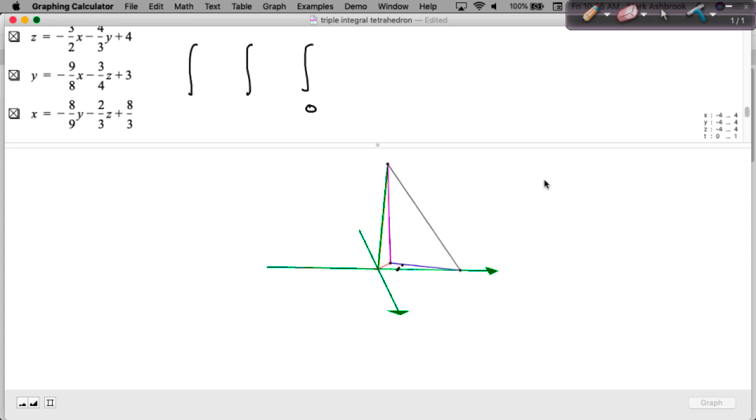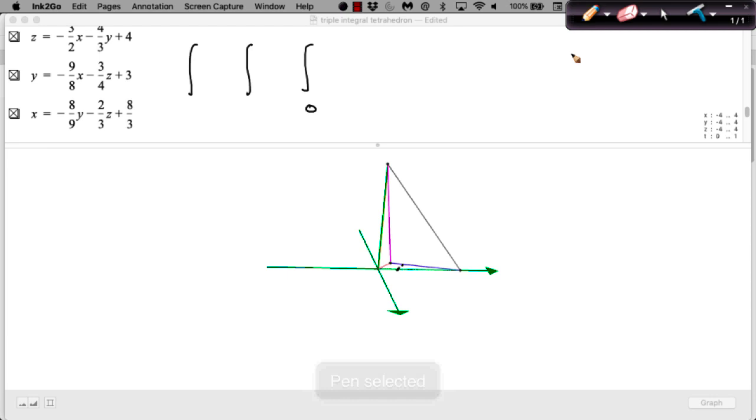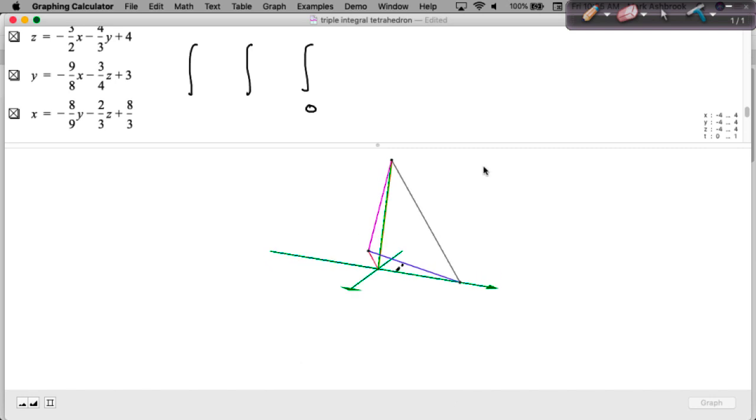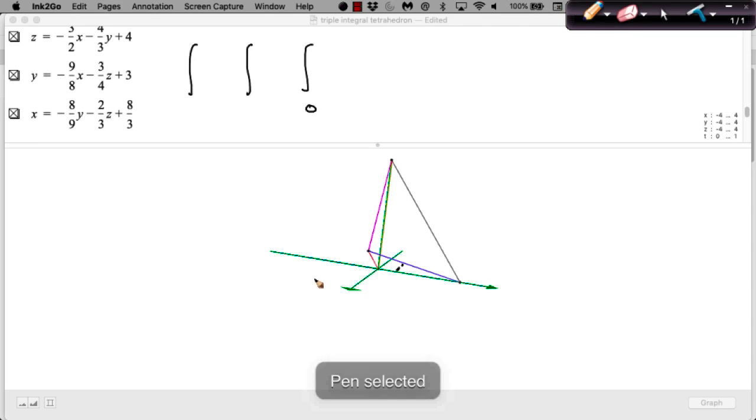Okay, so we're going to go from 0 to... what is this? X equals, this surface under here was z equals 1/2 x, is that right?